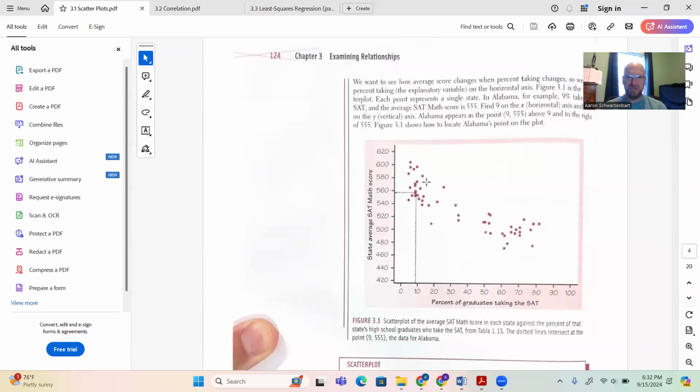So I'm going to explain a little bit about why that is. These ones with 50, 60, 70, 80% are everybody taking the SAT. When this book was written, about the year 2000, I think it's 2002, so right after I graduated high school, this data is probably from when I was in high school.